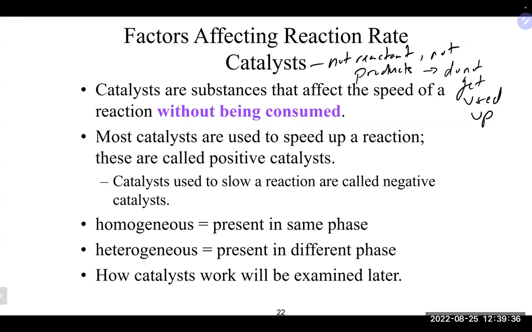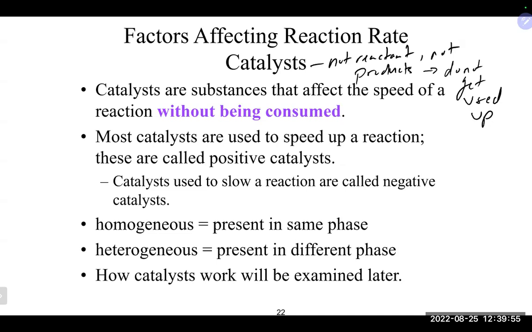They are really there to facilitate the reaction, in most cases, to facilitate it occurring faster. There actually are catalysts that slow down reactions, but most of the time when people talk about catalysts, they talk about it in the sense of speeding up the chemical reaction.